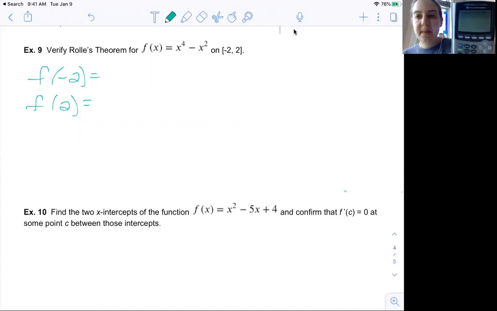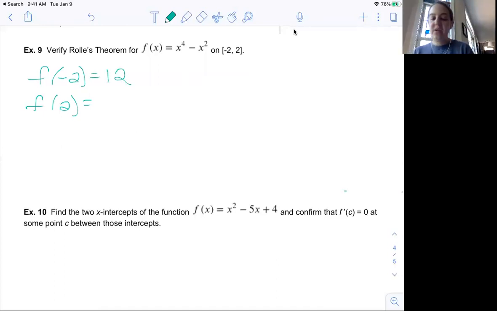Make sure you use parentheses. And I get 12. If I do the same thing again with 2, I also get 12. So that's the first thing that we have to verify. The endpoints are the same.